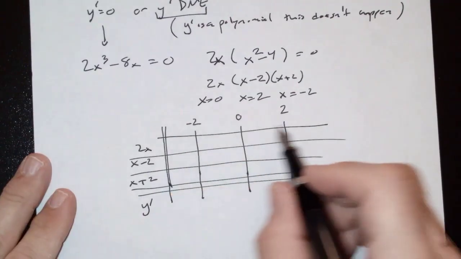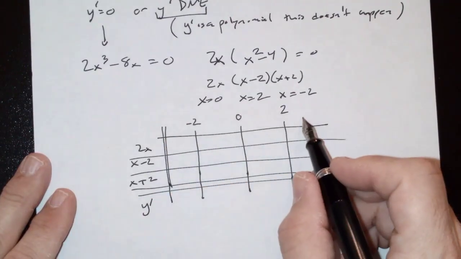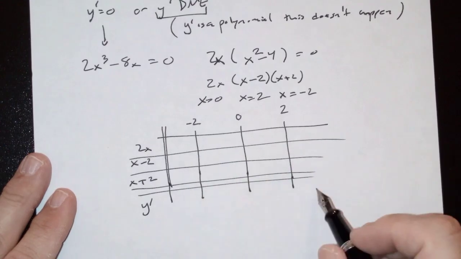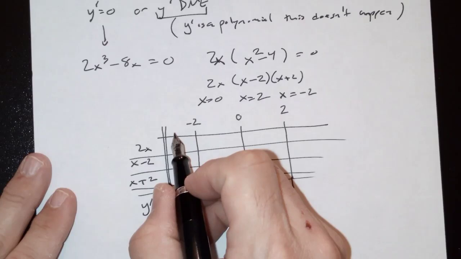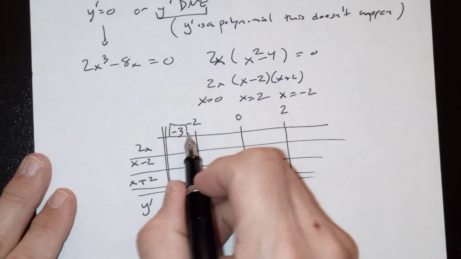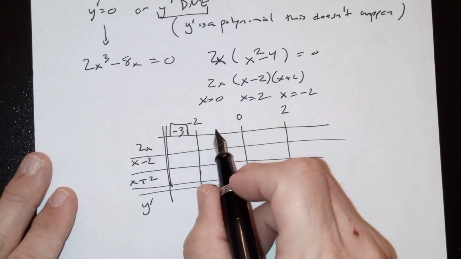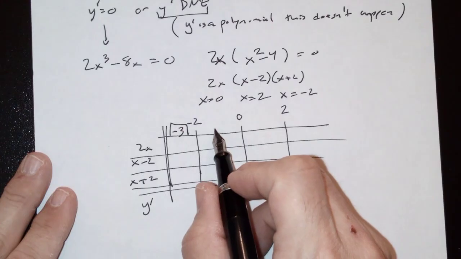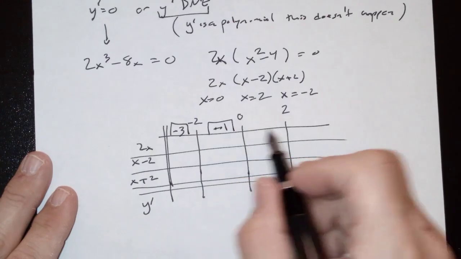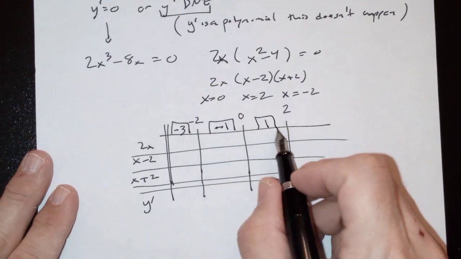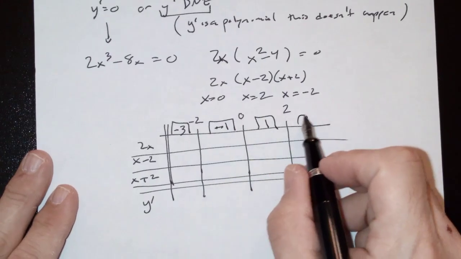So I need to plug in numbers that are in these regions and multiply the signs. A number less than -2. A number between -2 and 0. Good catch. Between 0 and 2, I can use 1, and bigger than 2, I can use 3.